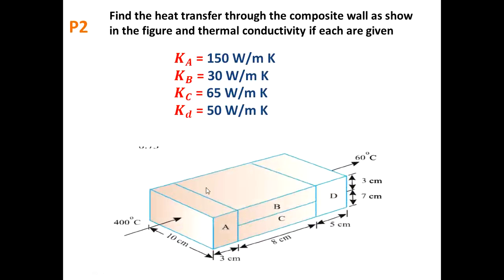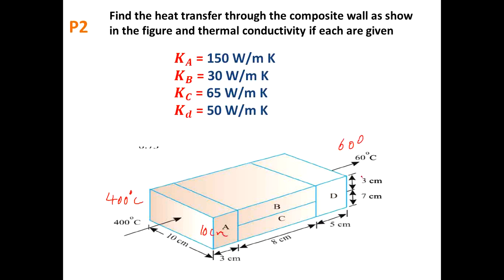The sketch is this. It is with a temperature difference of 400 degrees Celsius on one side and 60 degrees Celsius on the other. The area through which heat is transferred is 10 centimeter into 10 centimeter.